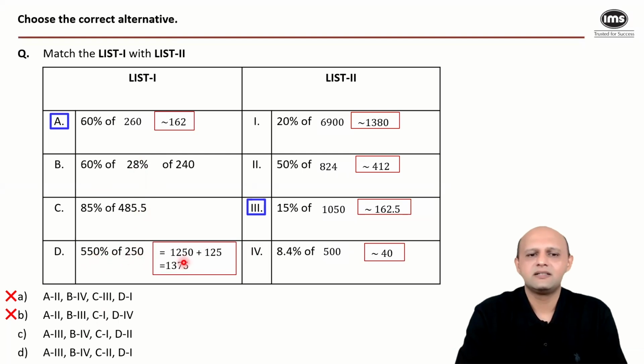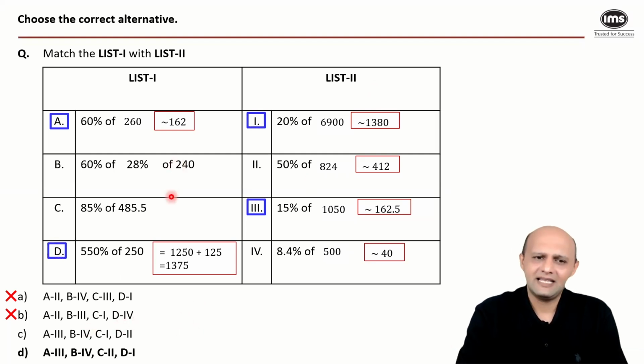What is 500%? It is 1250, plus 125, which is 50%. That's effectively 1375. So 1375 would map with the first value from the second list. Therefore, effectively, we've got our answer. D maps with 1, so the answer here is option D.